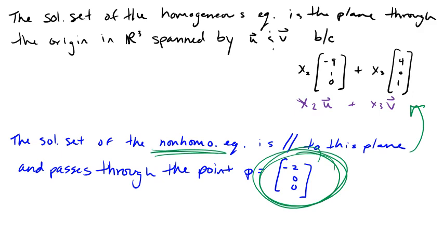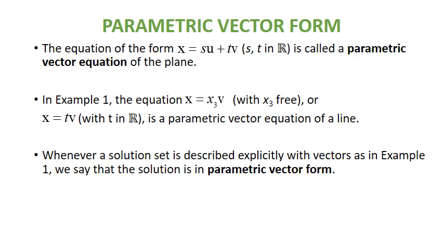Now, this all leads to parametric vector form. So that equation that I was telling you about over there is called a parametric vector equation of a plane. From that first example, we had a free variable, so that's what we're multiplying by.